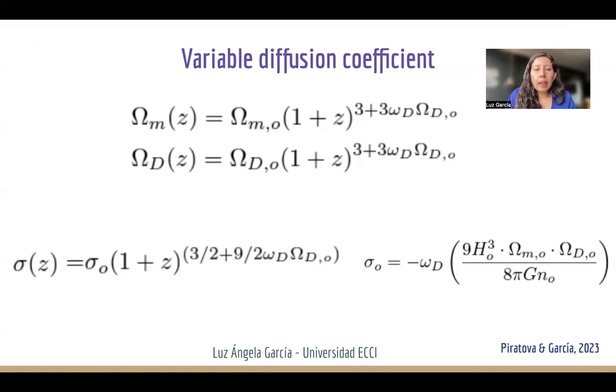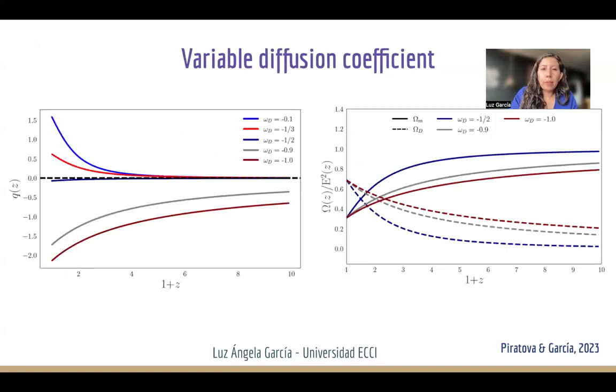With this, we get an equation that is going to depend on redshift for the diffusion coefficient, and sigma zero is given by all these constants that you see on the right-hand side. Basically, it's important to say that this sigma zero is always going to be positive. So in order to ensure that, we need to make sure that omega d has to be always negative because the other constants are by definition positive.